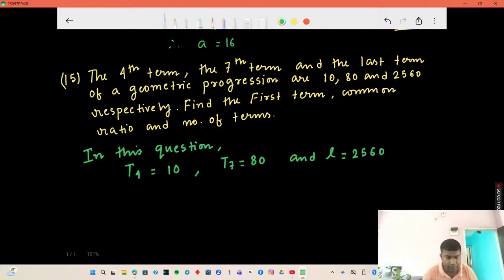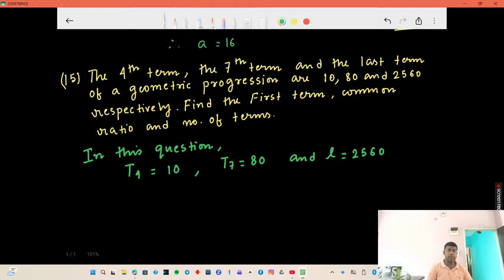Is it clear to you? So in this question it is given as T4 is equal to 10, T7 is equal to 80, and L is equal to 2560. So now how can we solve this problem?